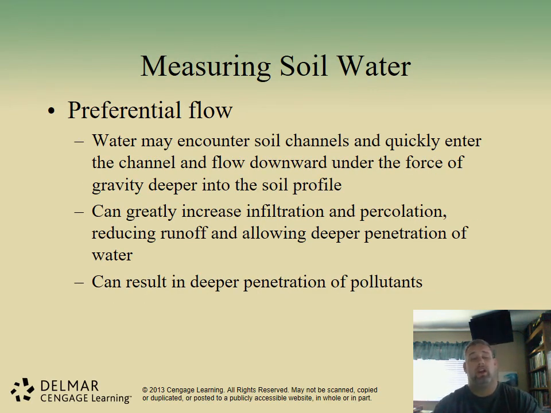Okay, so when we're talking about measuring soil water, we're looking at preferential flow. This is something I've talked about before, and it's when a water molecule would like to follow the path of least resistance. This can basically be seen by water as it flows downhill.